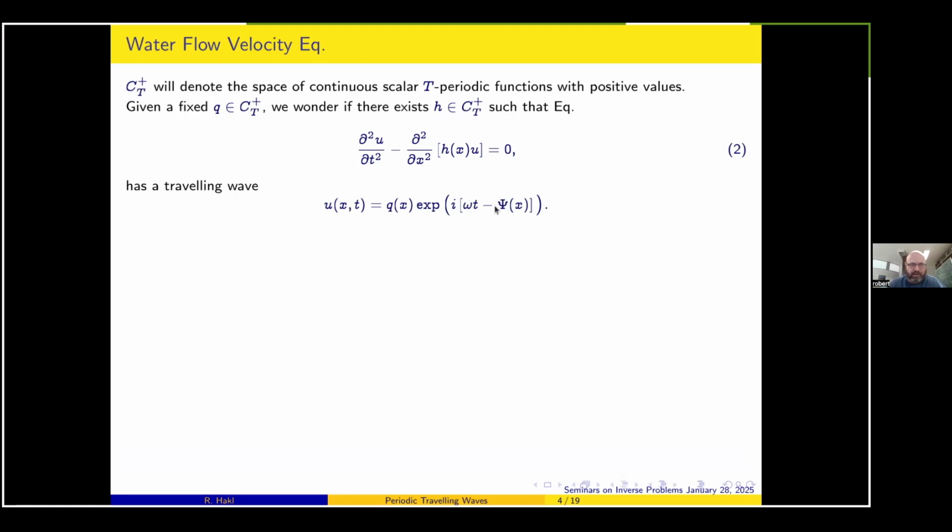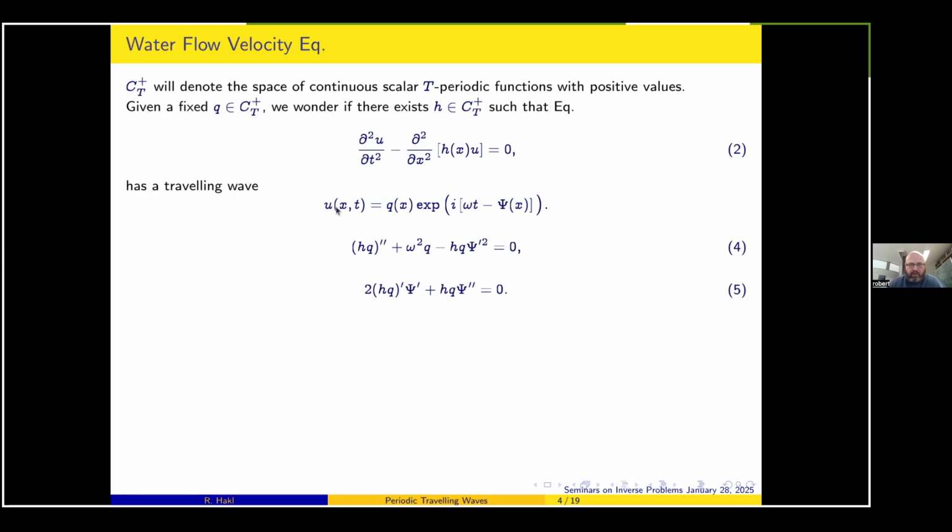We are interested in whether there exists a solution to equation 2 for a prescribed function q that is also T-periodic.